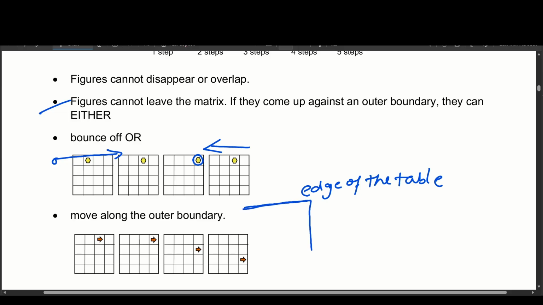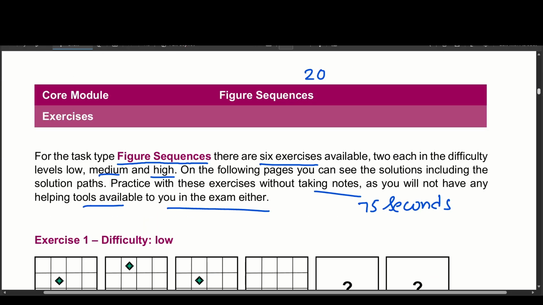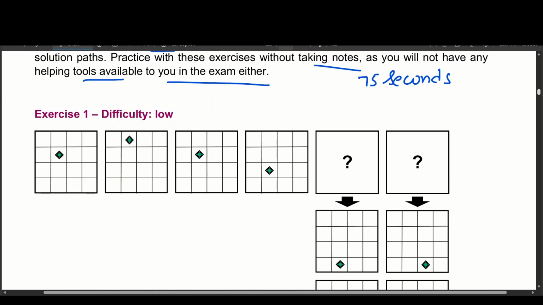So whenever it comes to the outer boundary, it will either bounce back, or it will go according to the path. So if there is this type of shape, it always bounces back. If there is an arrow type of shape, it will move according to the outer boundary. So these are the rules that we have discussed thoroughly. You can watch Dmat class 2 for the basic information.